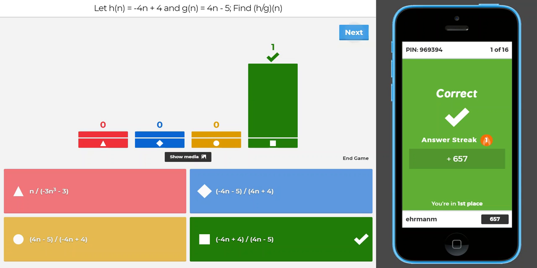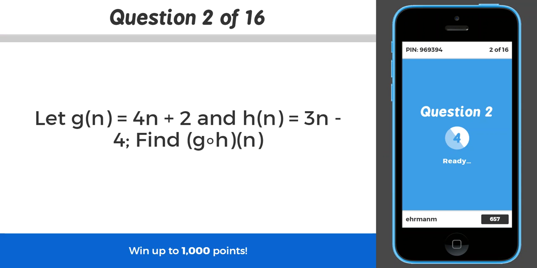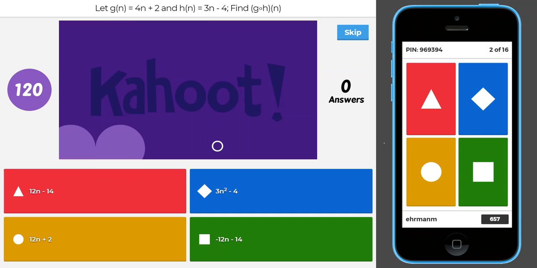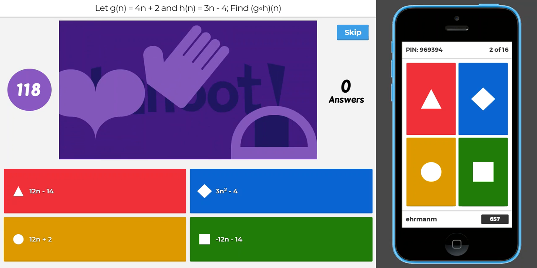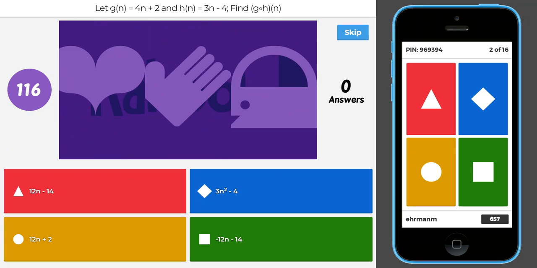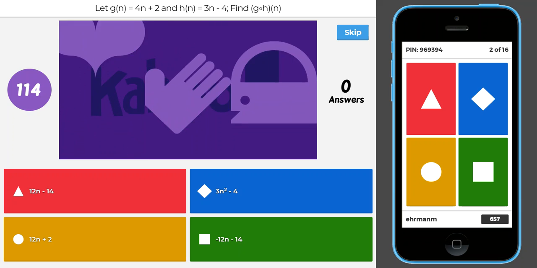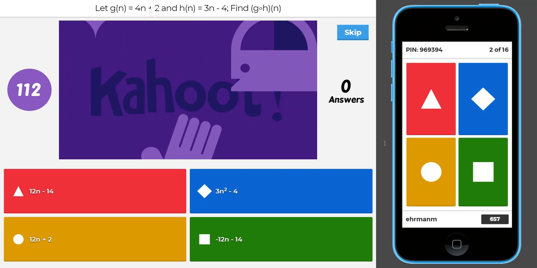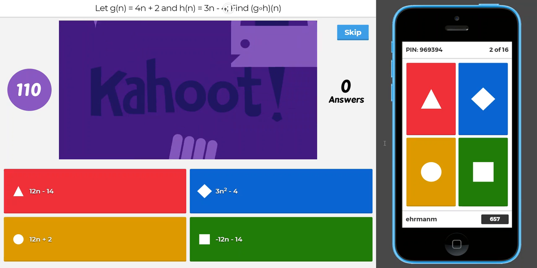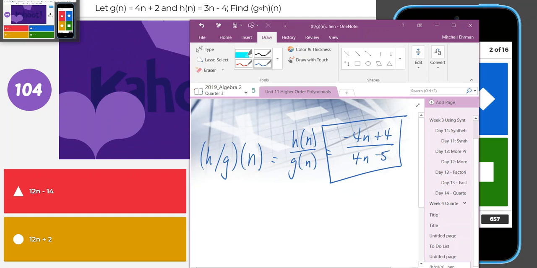Let's take a look at another one. Okay, this time we've got an open circle. So this is the composite function that we practiced most recently in the second quarter. G is our 4n plus 2. H is 3n minus 4. We've got to compose G with H in that order.